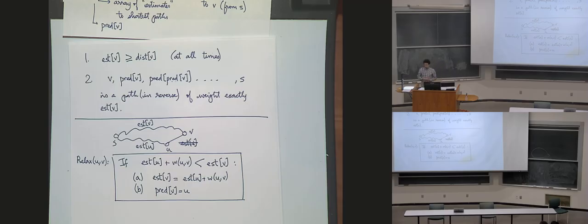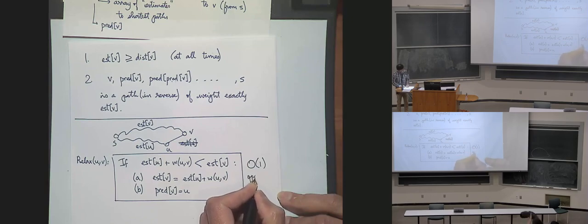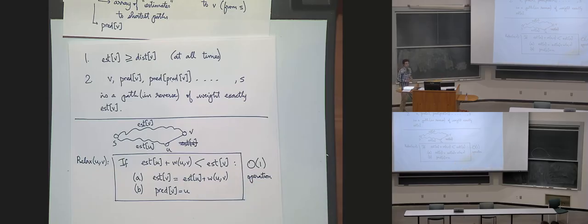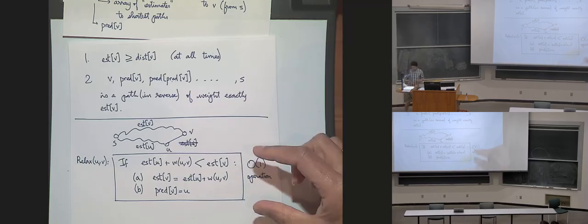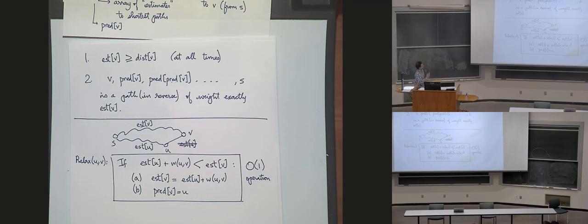And so how long does this take to run? This operation, if I give you U and V. It's O of 1, exactly. It's an O of 1 operation. The nice thing about this operation is that it's always a safe operation.